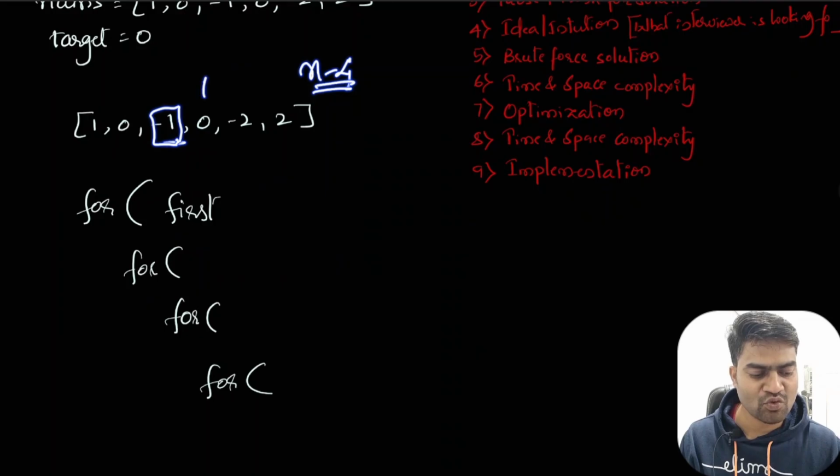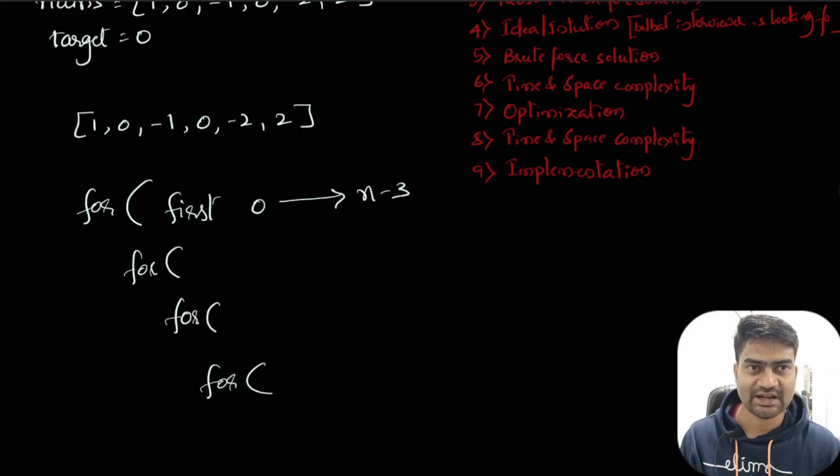Why? Because if I move here, then I won't get sufficient numbers after this to get the quadruplet. So I will move only till here. So basically it is till n minus 4, which means less than n minus 3. So I will consider that. So my first number travels from 0 to n minus 3. Correct, right? Now this is our first loop.